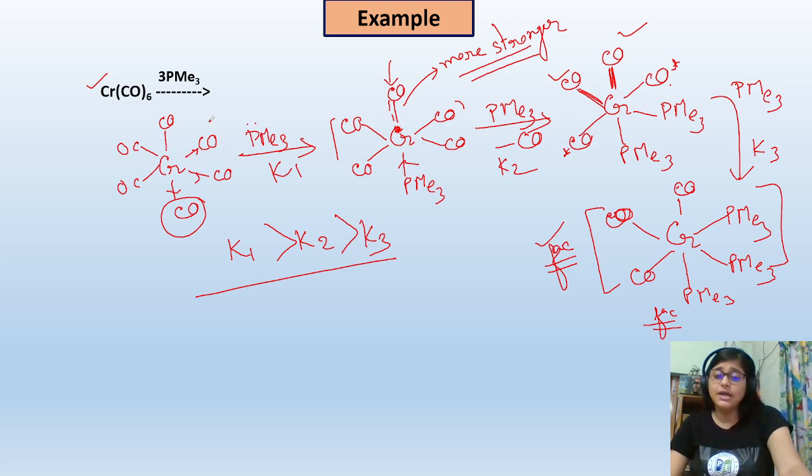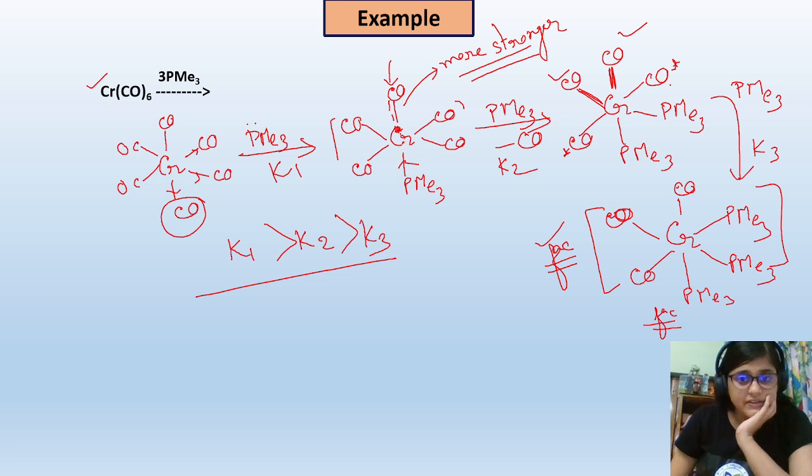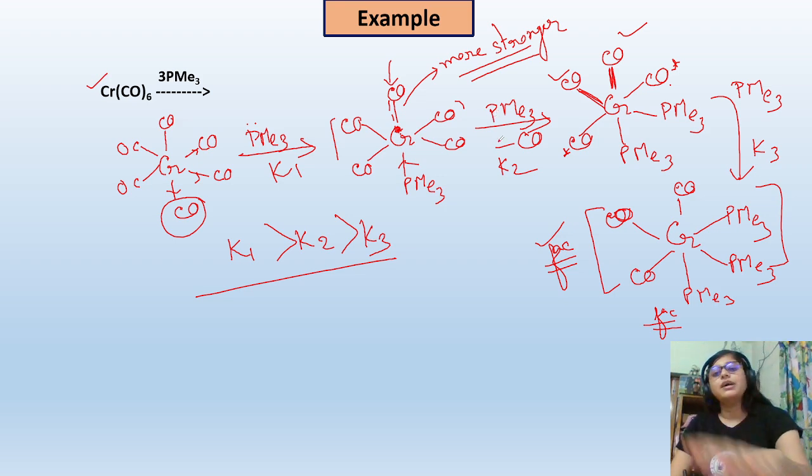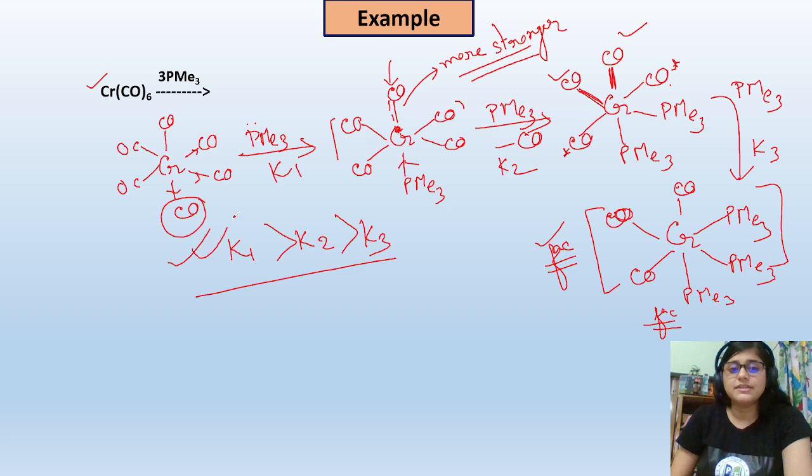In the first step it will accept PMe3 easily, so the reaction is faster. For the second case, now fewer COs are present and PMe3 is already there to decrease its urge for electrons. So in this case the rate will be a little slower than the first step, and in the third step it will be even slower.